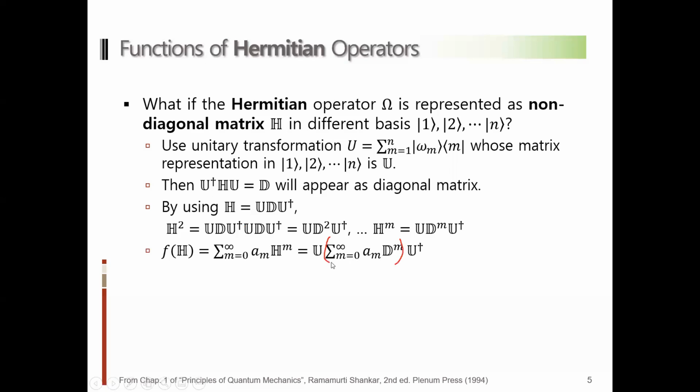And this one is simply the summation of the diagonal matrices. So the result of this summation will be another diagonal matrix, and the value of this one is quite simple, like we saw in the previous page. All we have to do is multiply the U and U dagger at the end of the calculation.